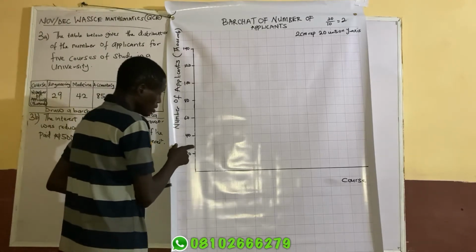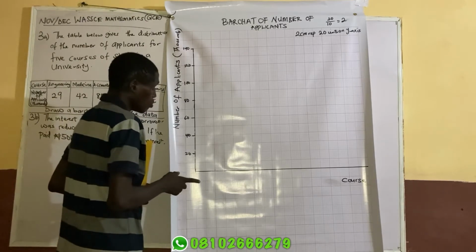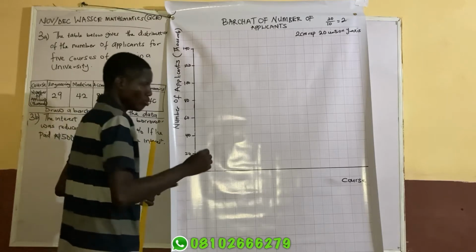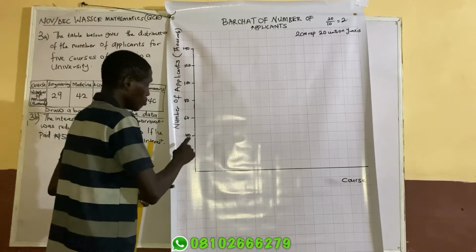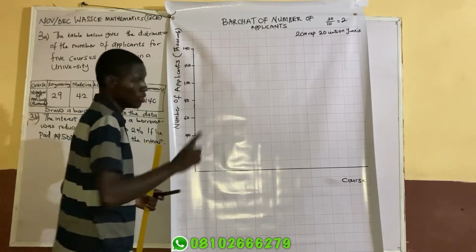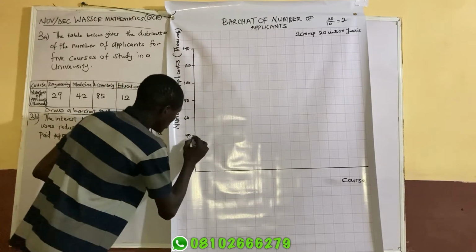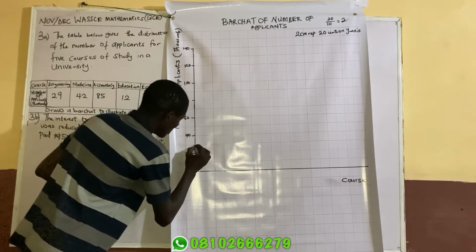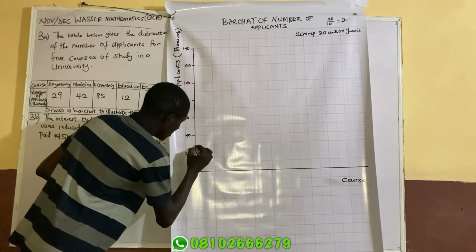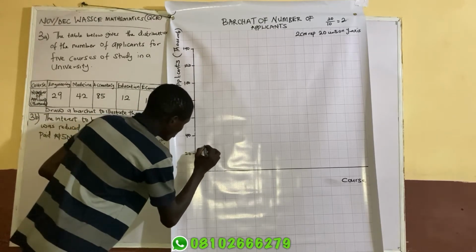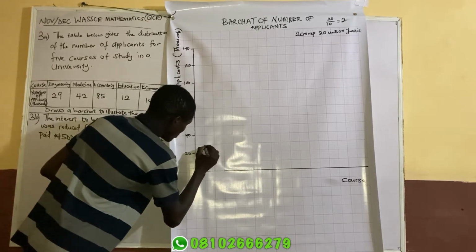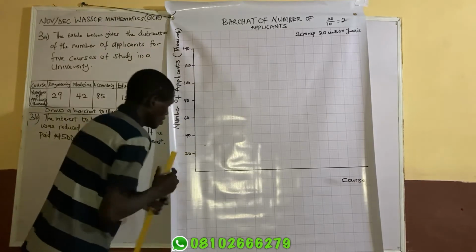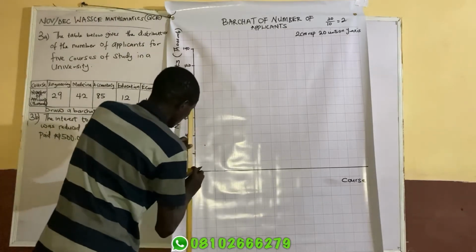So in between 28 and 30 we will have our 29, because we said each box is 2 units, so half of that box means 1 unit. Here we have 30, and this place we have 28. Inside this box we have our 29. So let's draw it carefully.